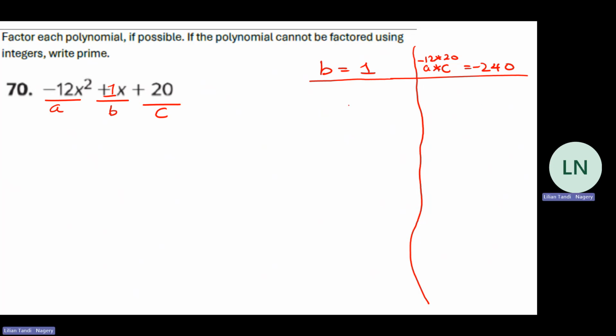All right. So let us find the factors of 240. One of them has to be negative.